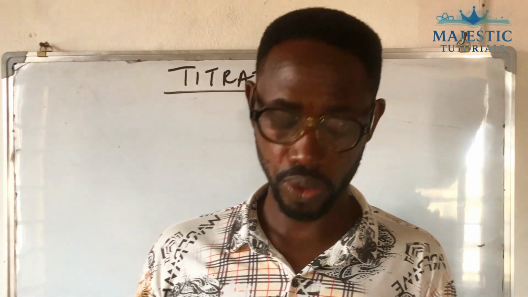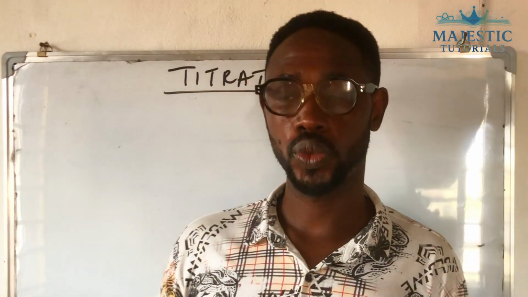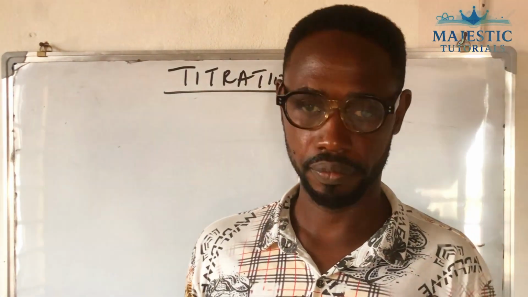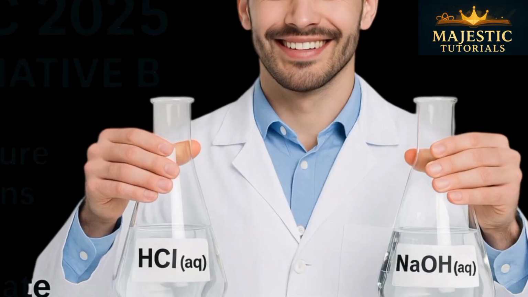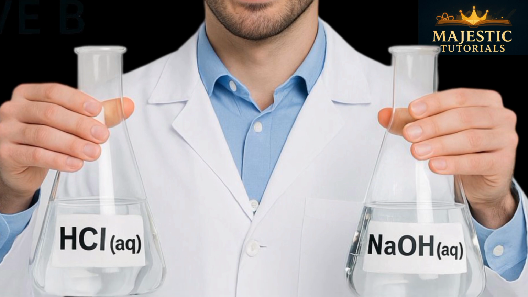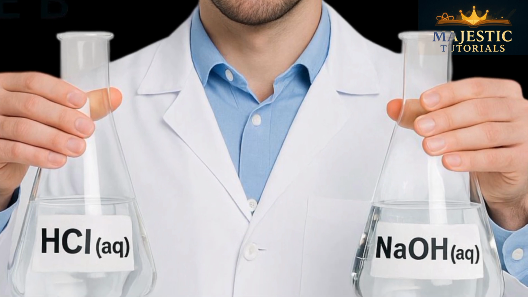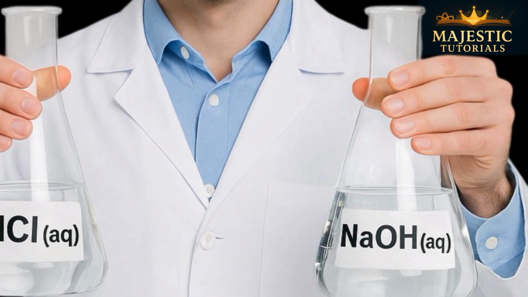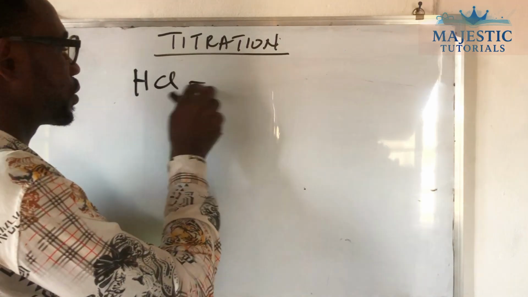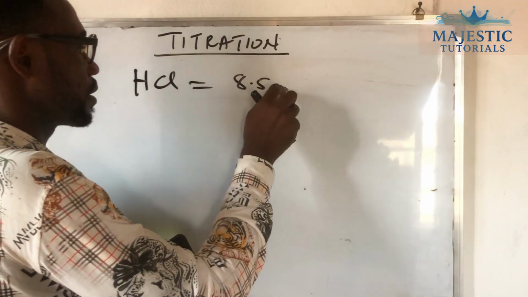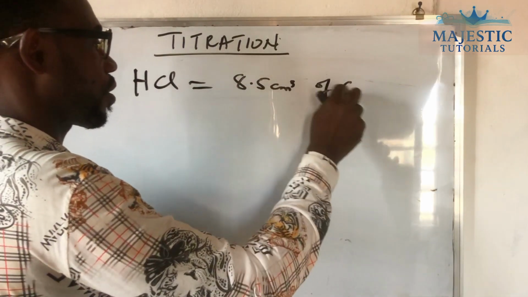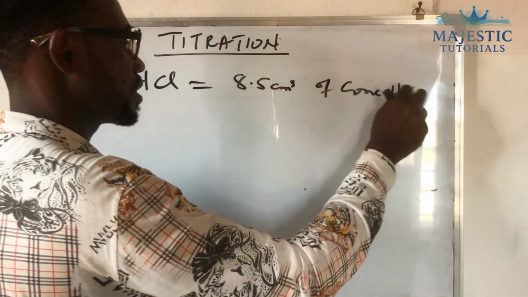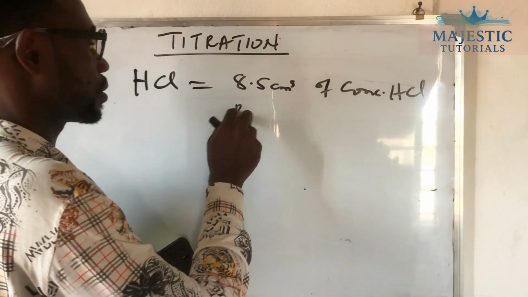Okay, so at this point we will look at the titration. There are specifications given about this titration. It is between HCl and sodium hydroxide, but not just any HCl. So what's the strength of HCl needed? We are required to measure 8.5 cm cube of concentrated HCl to dissolve in what?